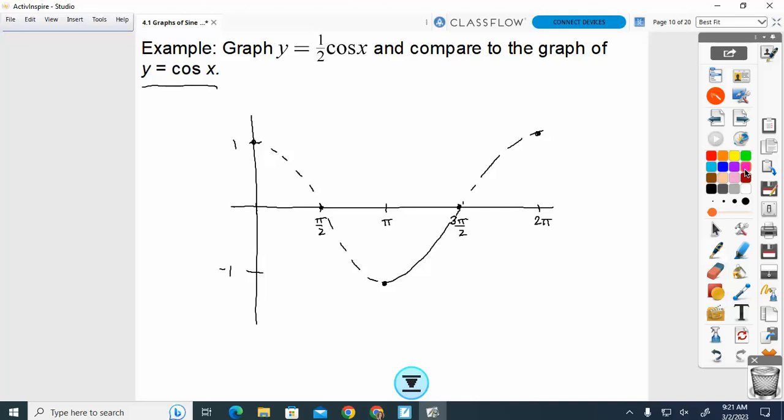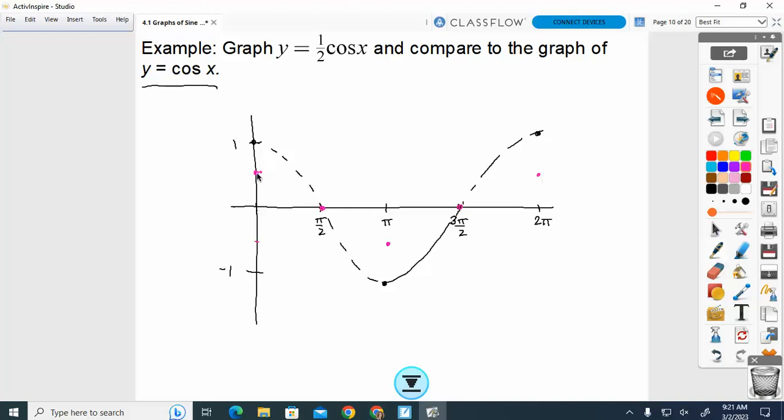When I ask you for cosine of 0, you can do the hand trick, you can think about the unit circle, or you could look right here. Cosine of 0 was 1, so 1 times a half is 1/2. At pi over 2, cosine was 0, times a half is still 0. At pi, cosine was negative 1, times a half is negative 1/2. 3 pi over 2 is 0, and 2 pi is 1/2.